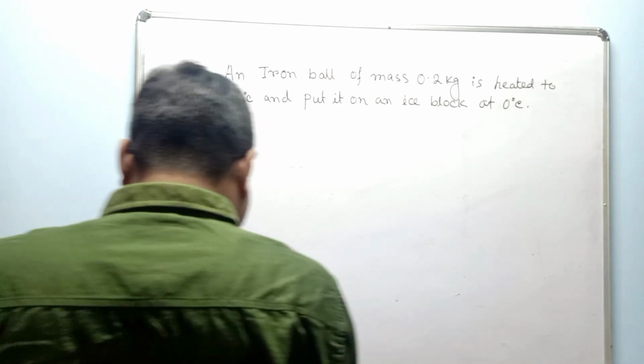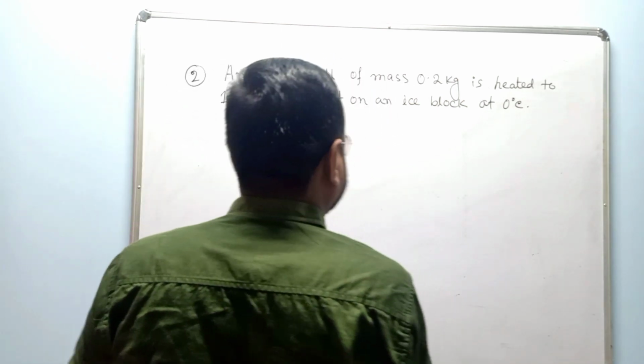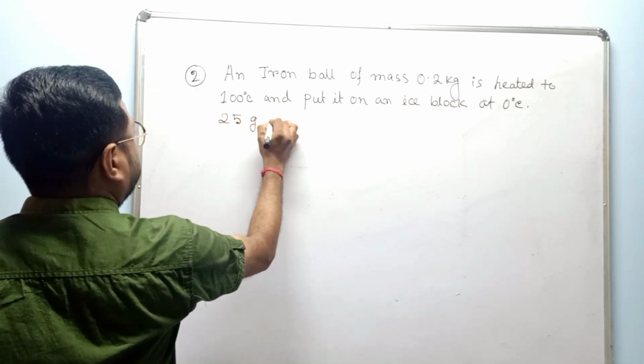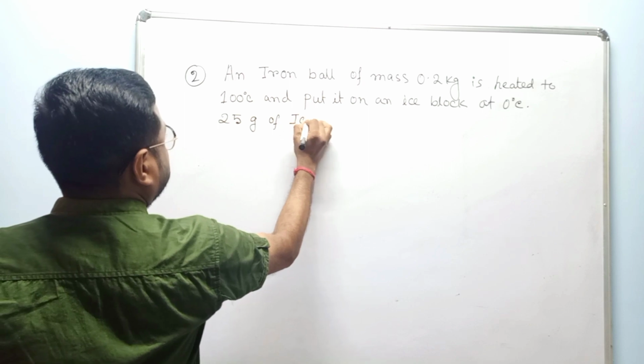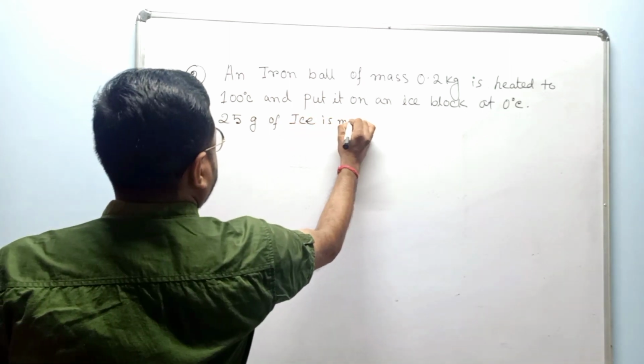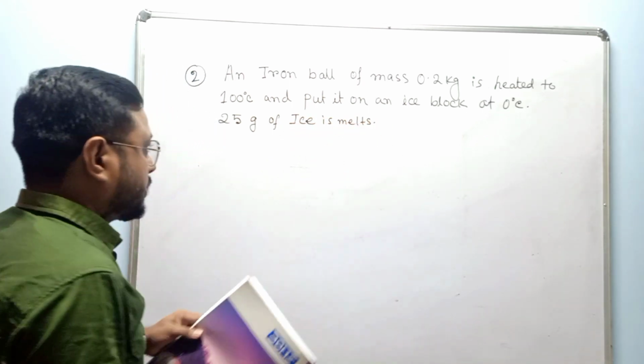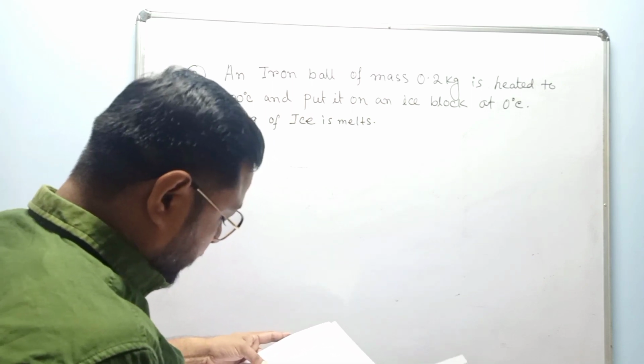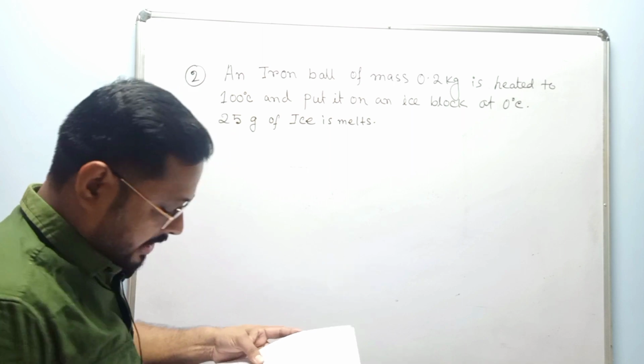25 gram of ice melts. Here the amount of ice melted is known. 25 gram of ice has melted.